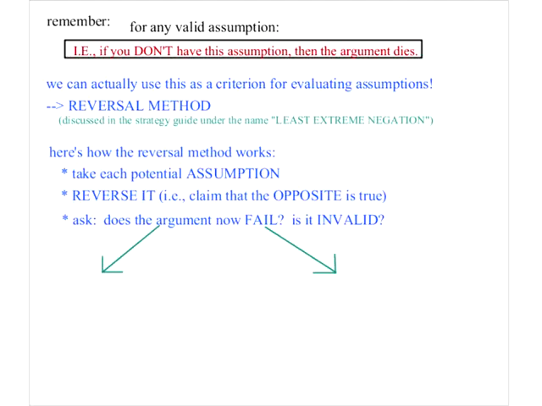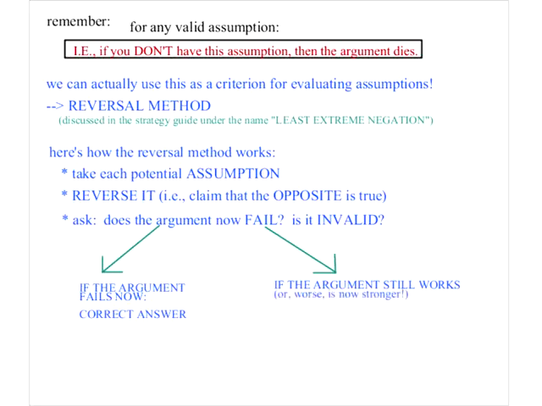So if the argument now fails, then you got the correct answer. If the argument still works, or even worse, is stronger now, then you have the wrong answer.